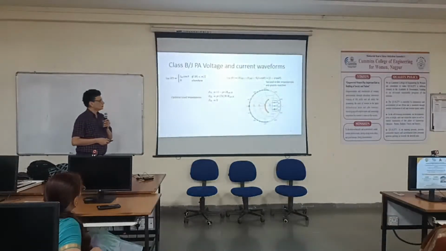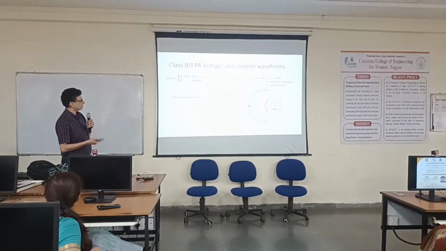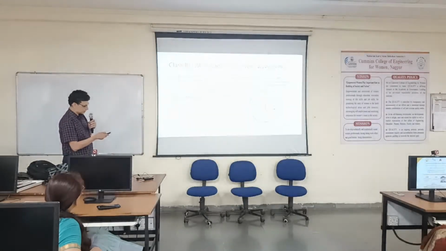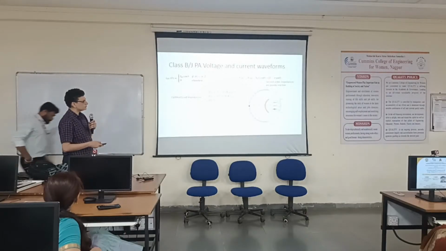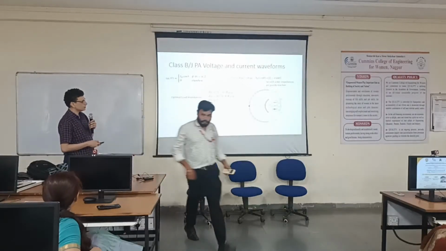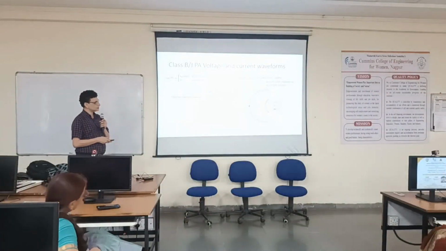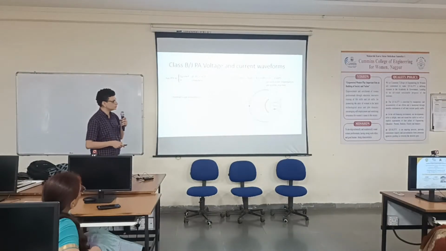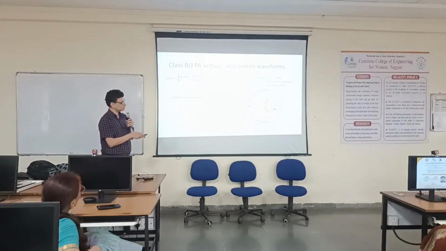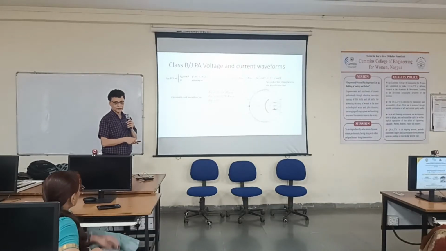So this is how we design, say, a class B or J amplifier, and these are the various values of the load that we need to achieve this class B and J. These values are obtained from load pull analysis. Once again, load pull means we sweep all the values in this Smith chart and select only these values.